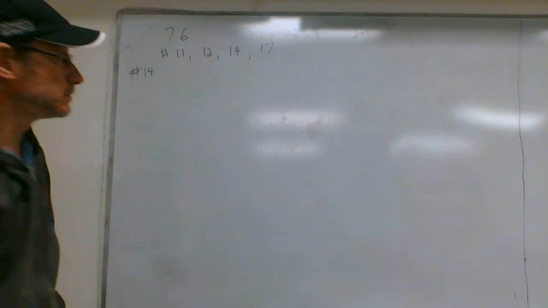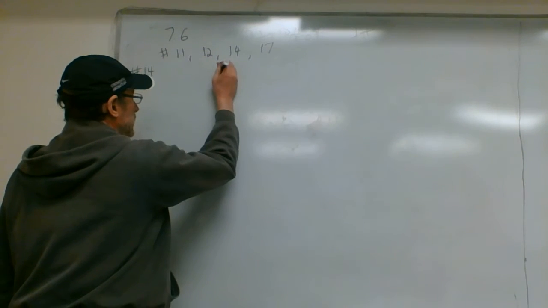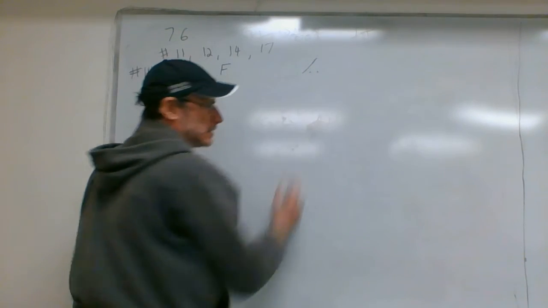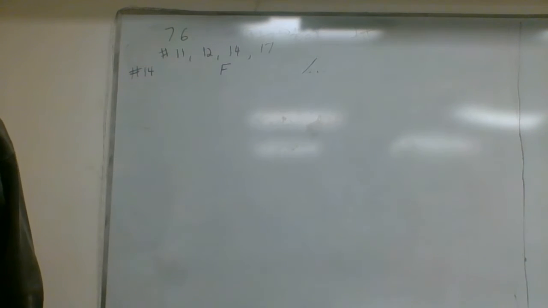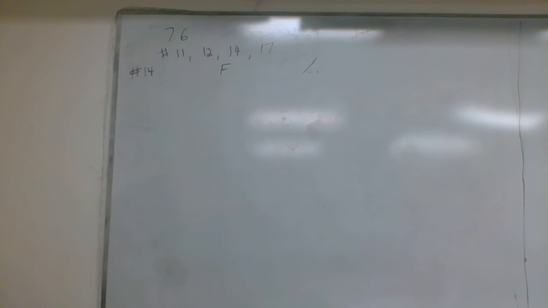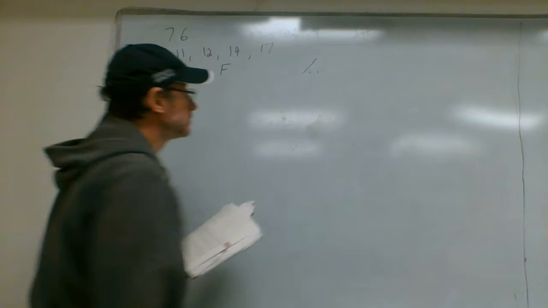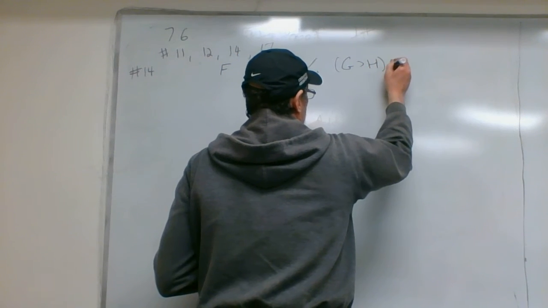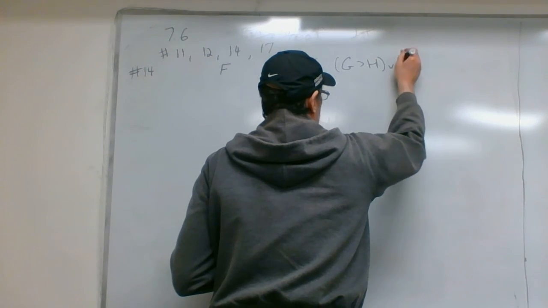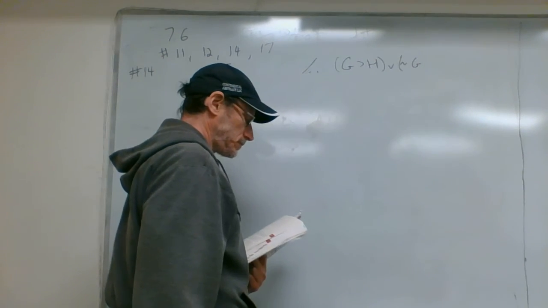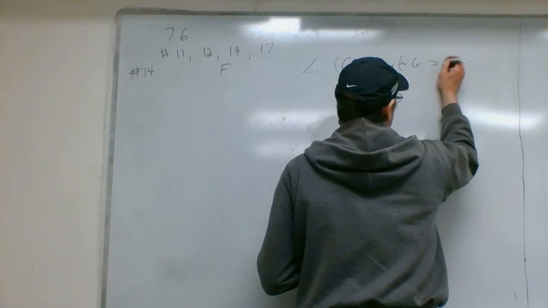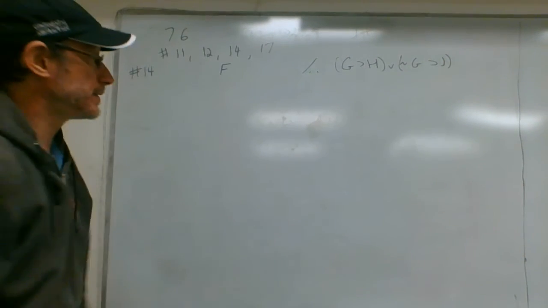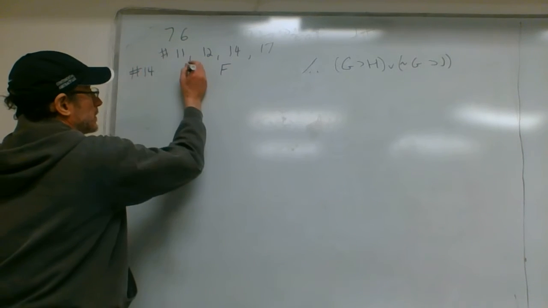F. It looks like it should be impossible. F. Therefore, what does this say? G horseshoe H, wedge, not G horseshoe J. Okay, now then, this is step 1.